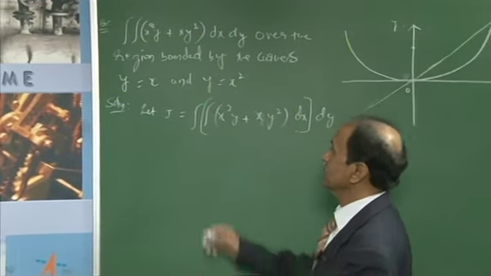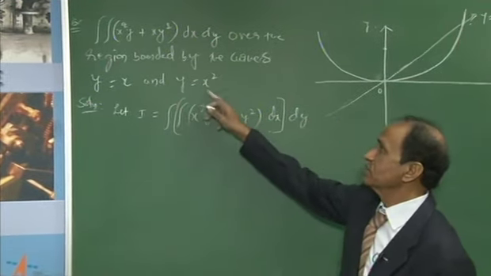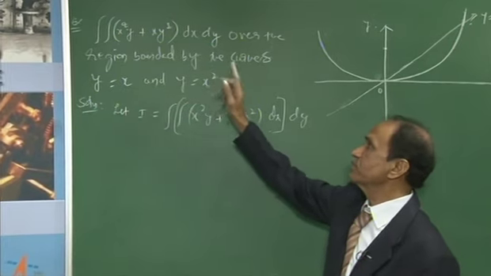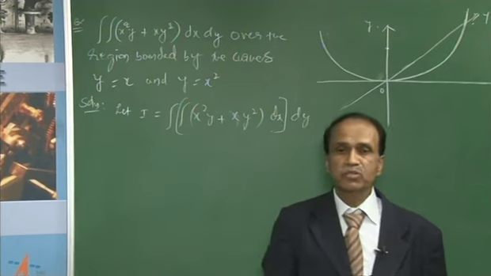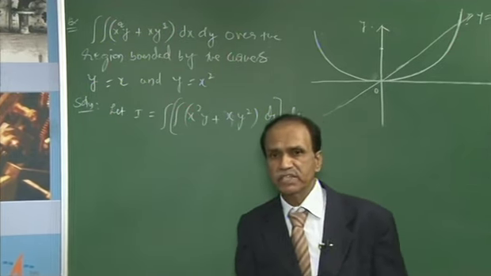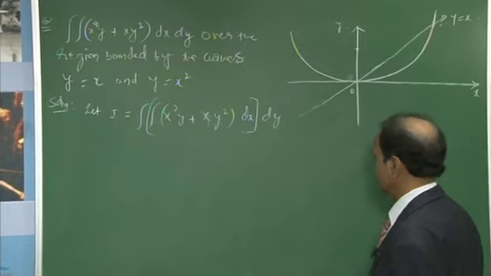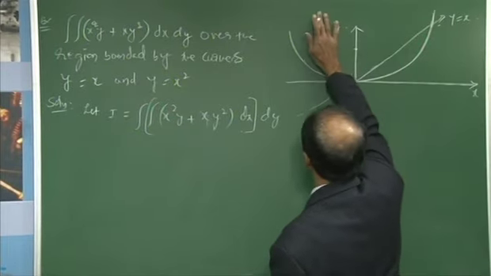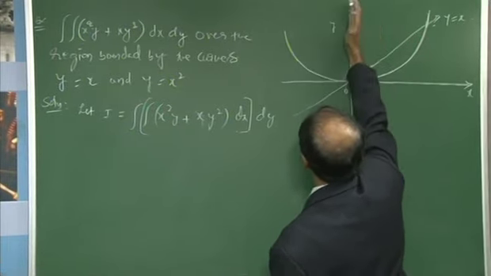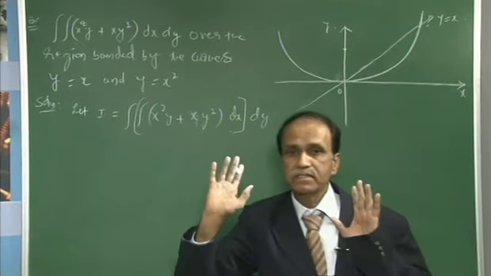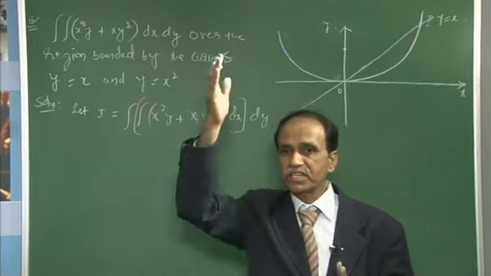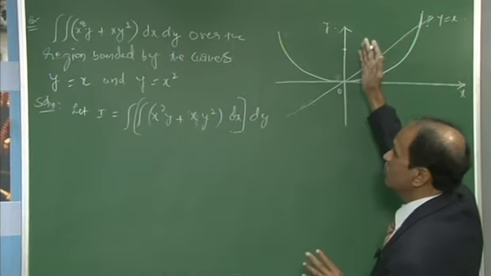In any given equation, if the equation contains even powers of x and odd powers of y, the curve is symmetric about the y axis, but not about the x axis. Curve is symmetric about the y axis means this region and this region, that is, on either side of the y axis the area is same. We call it symmetric with respect to the vertical line, symmetric with respect to the y axis.